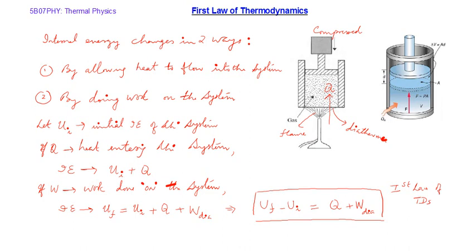Okay, so the first law of thermodynamics can be mathematically stated like this: the change in internal energy of the system, I am representing it as delta U, that is nothing but U final minus U initial, is equal to the sum of the heat that enters the system and the work that is done on the system, Q plus W, where we understand that this W in this equation represents the diathermal work.